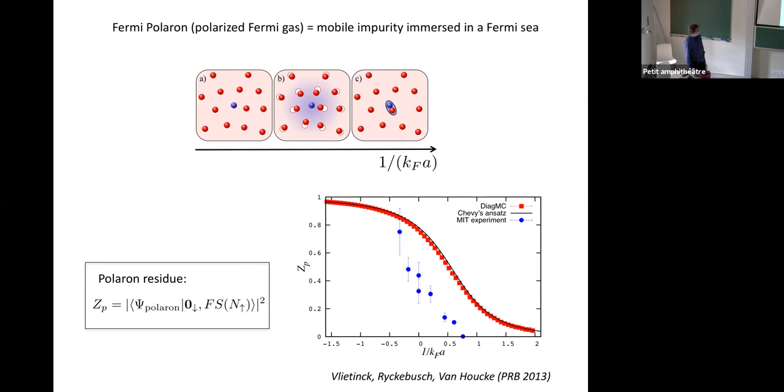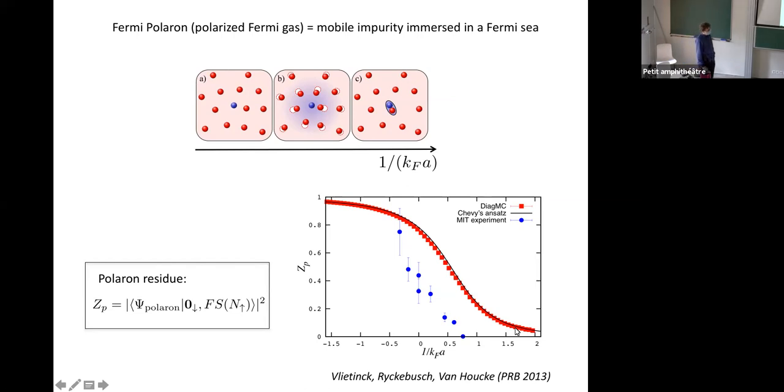Now, using the same method, one can calculate the quasi-particle properties such as the polaron residue. And the polaron residue is nothing else than the overlap of the polaron wave function or the polaron state with a non-interacting state. And here you see this is again a result of the diagrammatic Monte Carlo simulation. We see that if we increase the interaction strength between the impurity and the particles of the sea, the Z factor drops.